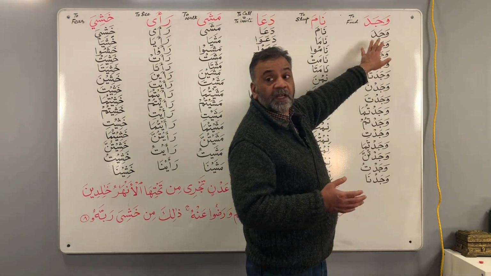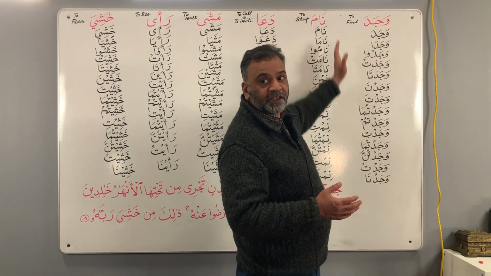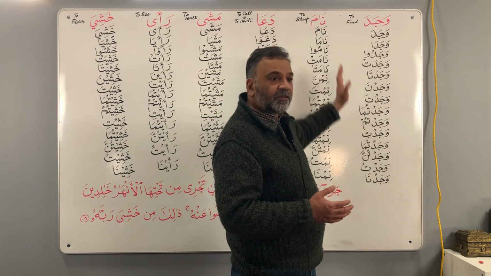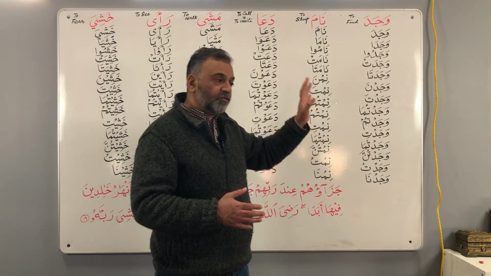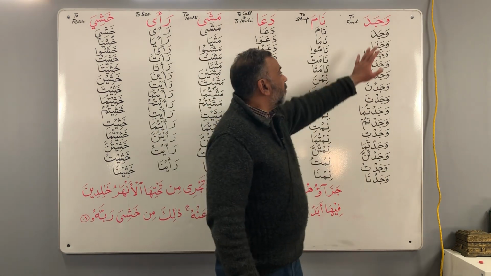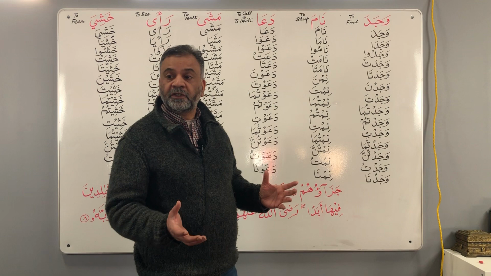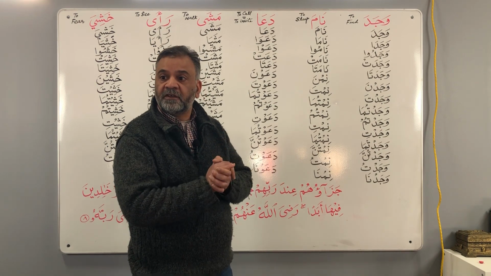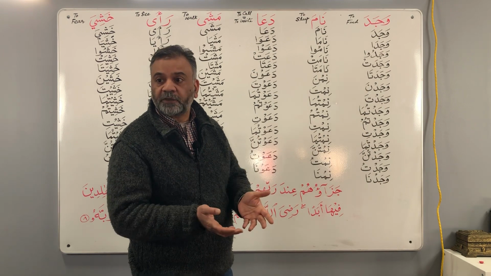So, wajada yajidu, and then after yajidu we know the drill, yajidani, yajiduna, right. So, tajidu, tajidani, so we know the drill about that. So, wajada, but in madi the waw is there, but in mudare it gets dropped.